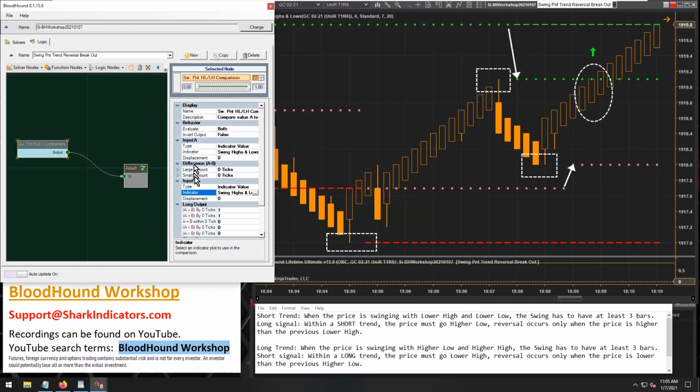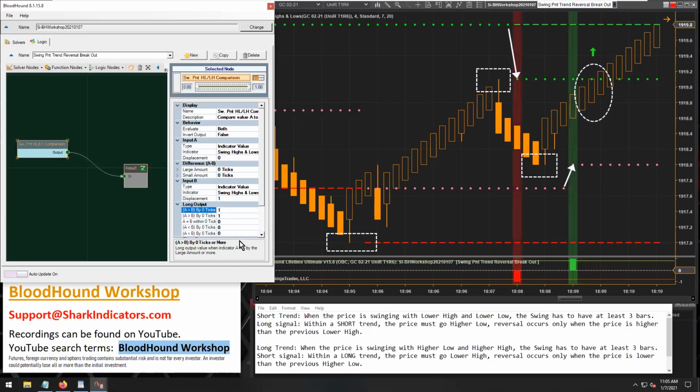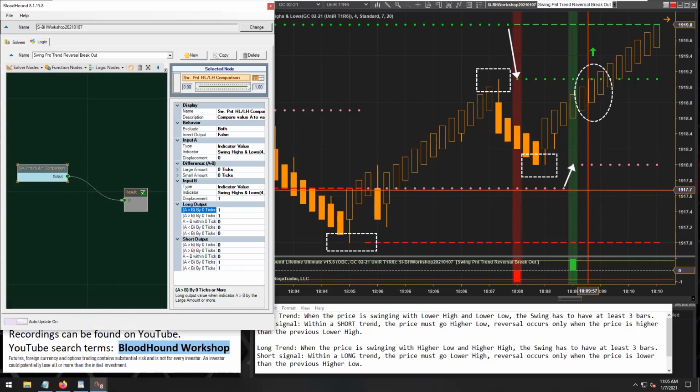So we have input A, input B, the swing indicator, but remember, input A is going to look at the recent bar, and input B is going to look at one bar back, one bar ago. So to effectively do that, that's what a displacement will do. So we set the displacement to 1, like so. And yeah, there we go.